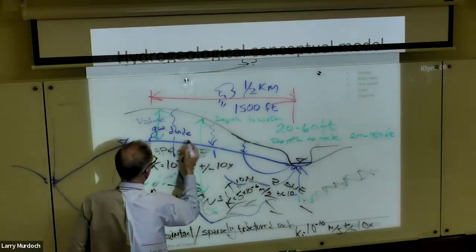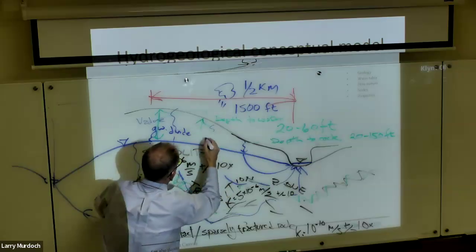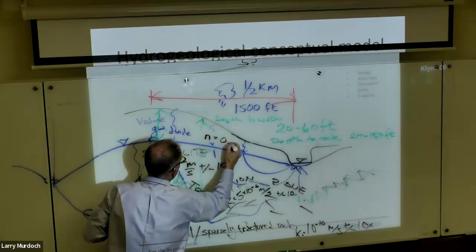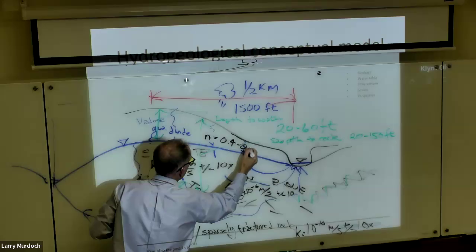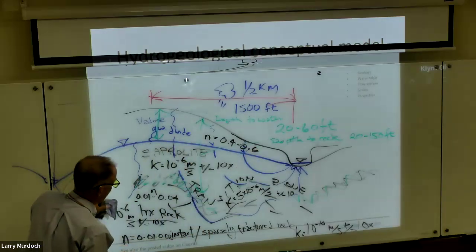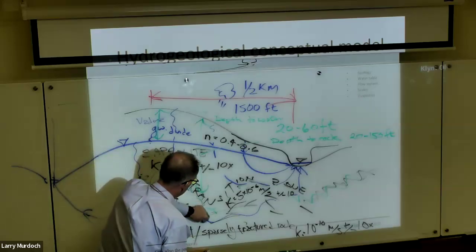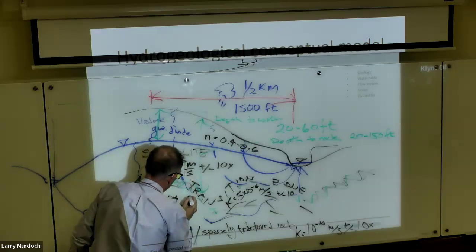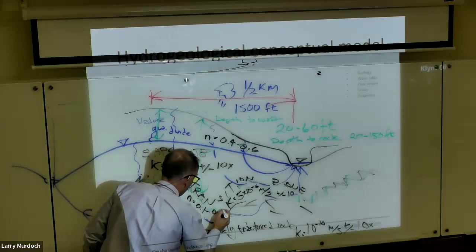Up here, the saprolite is going to be 0.4 to maybe 0.6. And then transition would be somewhere in between, and it's going to be, say, 0.1 to 0.4.